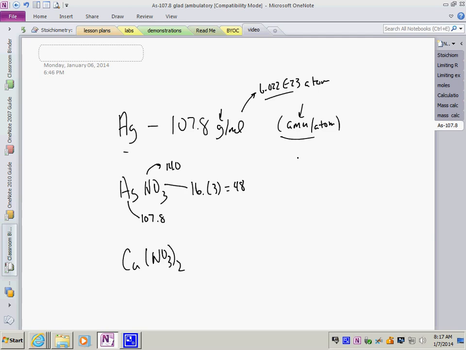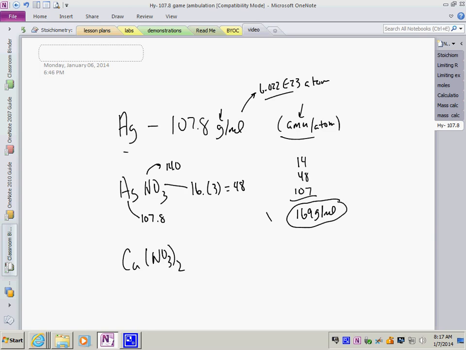Let's add everything up. 107 plus 48 plus 14, and I got 169. That is grams per mole.